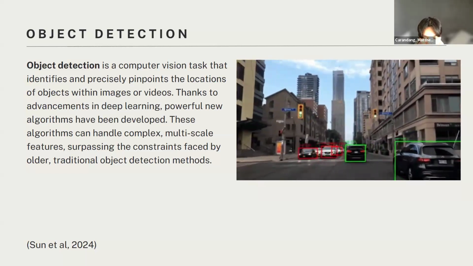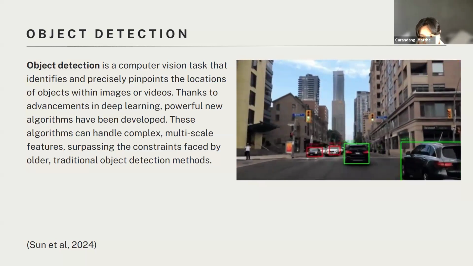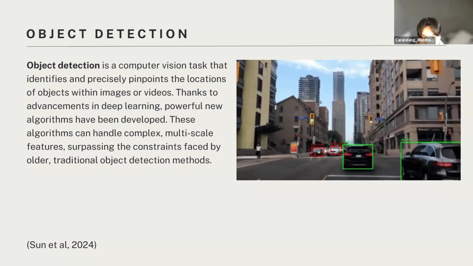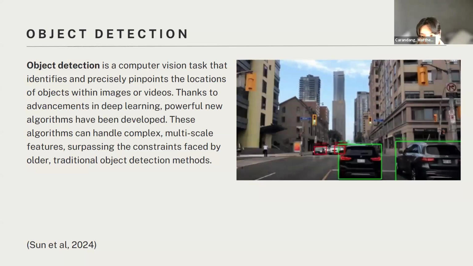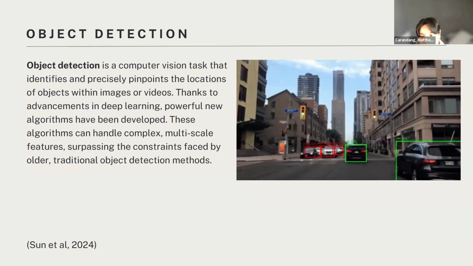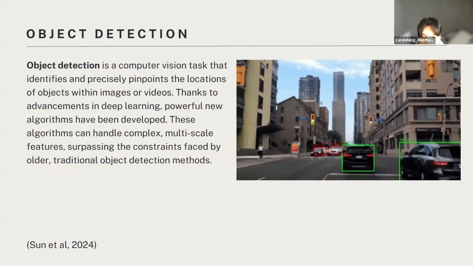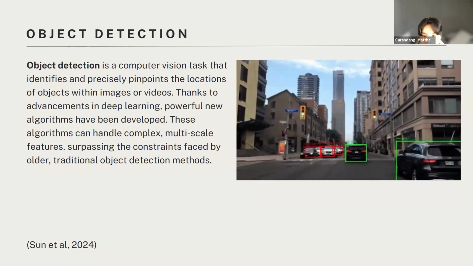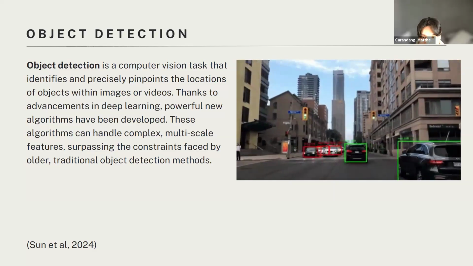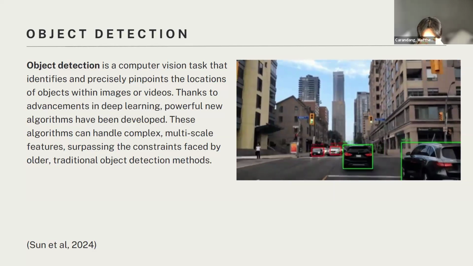The model was trained to detect different cars in the image. First of all, it was able to classify them. Basically, the red boxes would be cars that are facing forward, and the green boxes would be cars that are facing backward. So it was able to classify them, and it was certainly able to locate them since the model was able to draw bounding boxes around them.